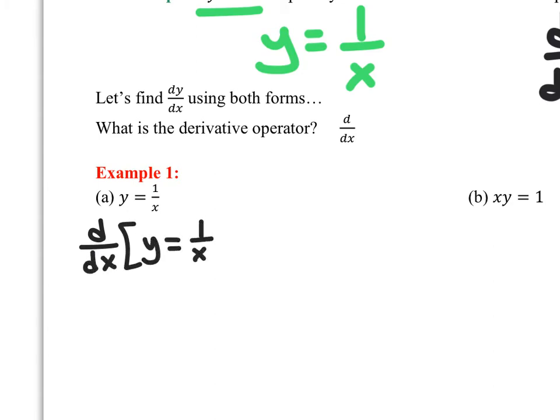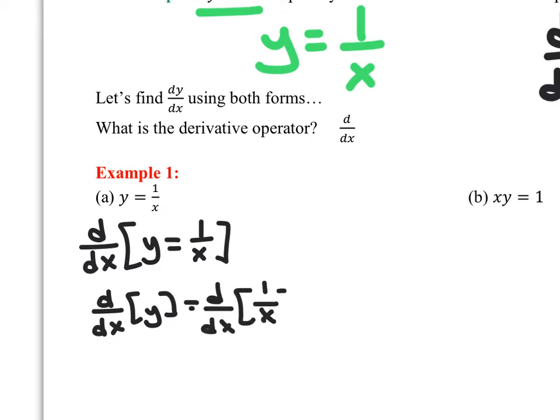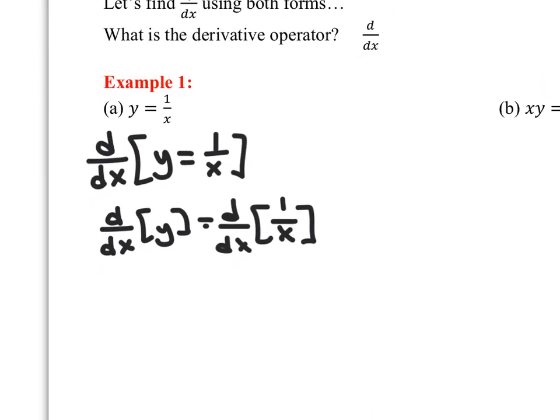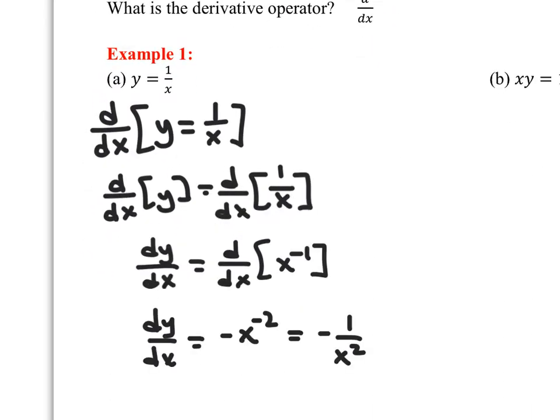So if I did the derivative of y equals 1 over x, I'm going to take d dx of y, set that equal to d dx of 1 over x. I'm going to go off camera for a moment and come back with an answer. Okay, so as you can see, I split this up.